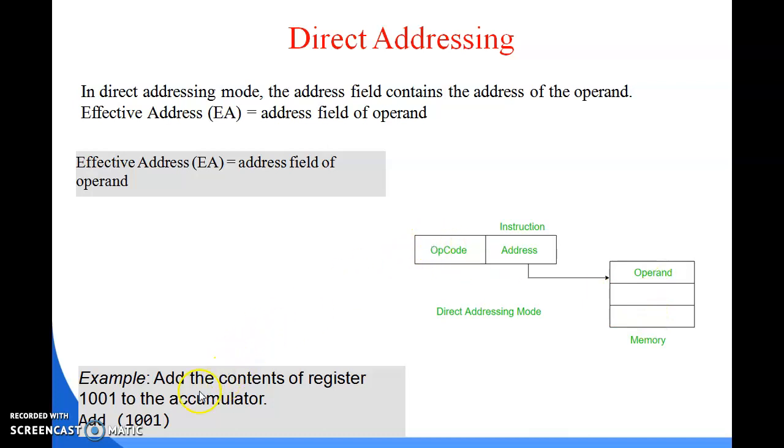Here an example is: add the contents of register 1001 to the accumulator. Whatever value we store against this effective address 1001, we add that value to the accumulator. So what is the benefit of using this type of addressing scheme?